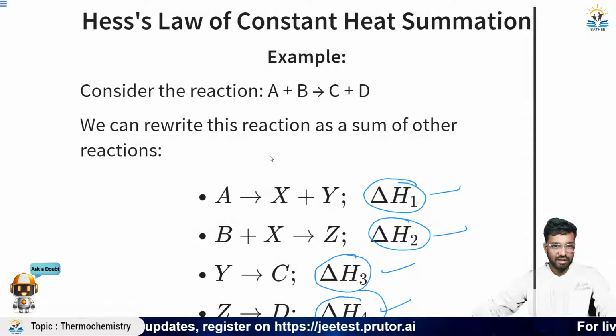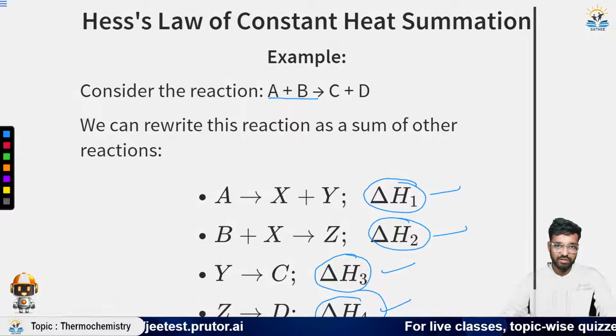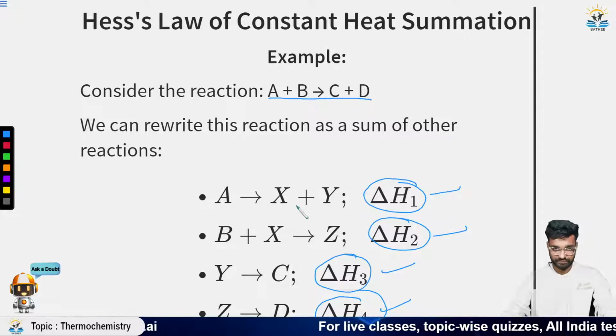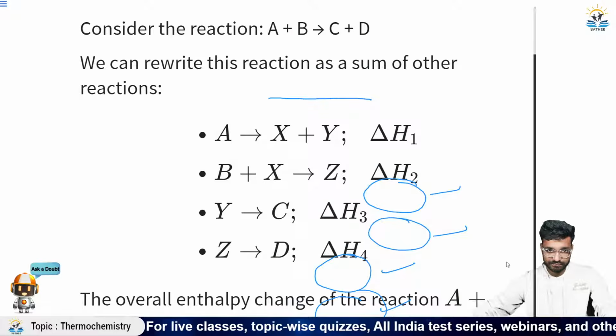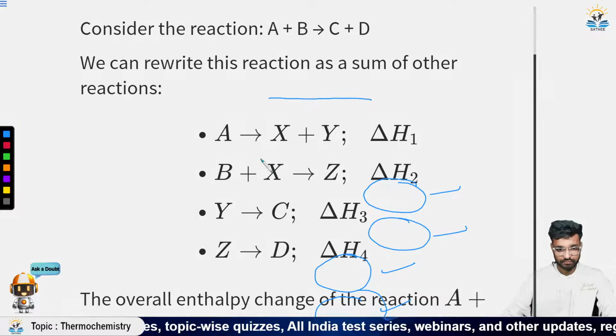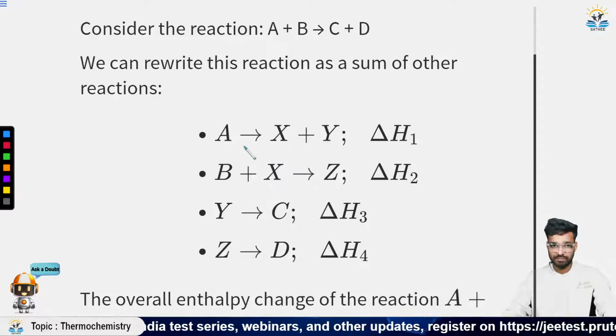Now suppose we have to find the enthalpy change accompanying this reaction, that is A plus B gives C plus D. If we add all these four reactions, we will simply do the algebraic sum.